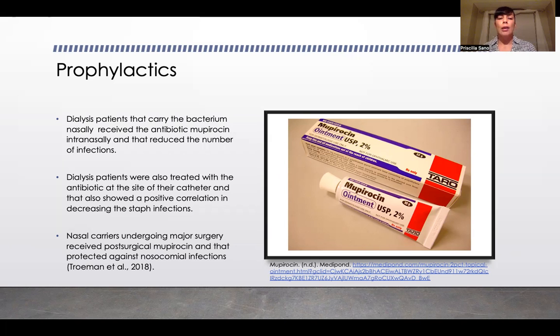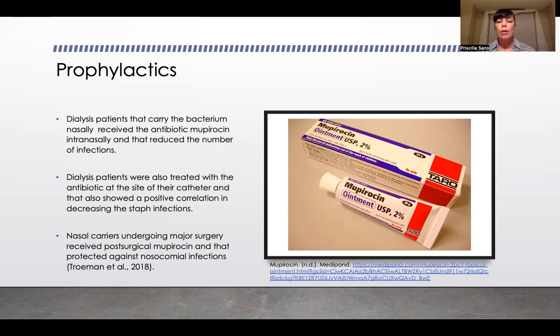Dialysis patients that carry the bacterium nasally received the antibiotic mupirocin intranasally, and that reduced the number of infections. Dialysis patients were also treated with the antibiotic at the site of their catheterization. And that also showed a positive correlation in decreasing staph infections.